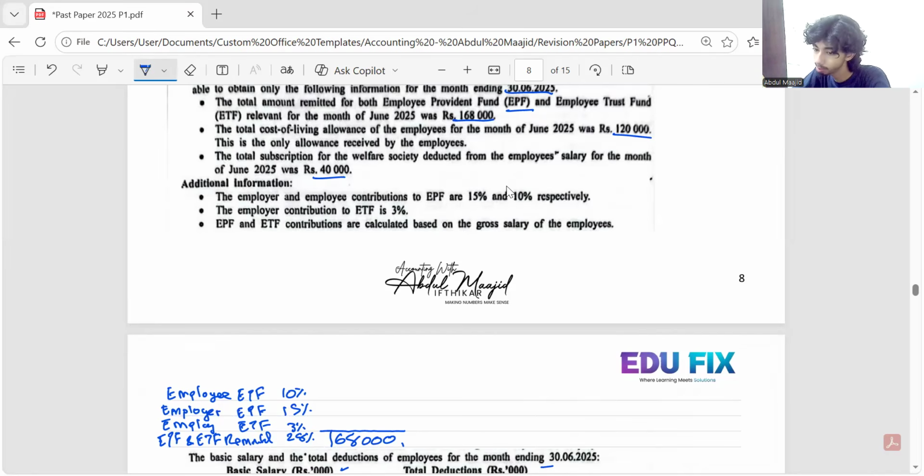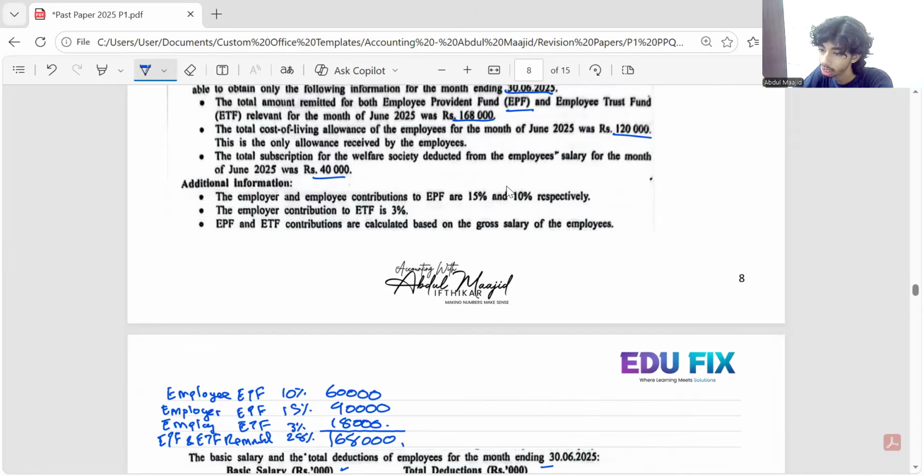168,000 divided by 28% into 10%, you will get 60,000 employee contribution. Employer, 168 divided by 28 into 15, that will be 90,000. And then the remaining 18,000 is the ETF contribution of employer.